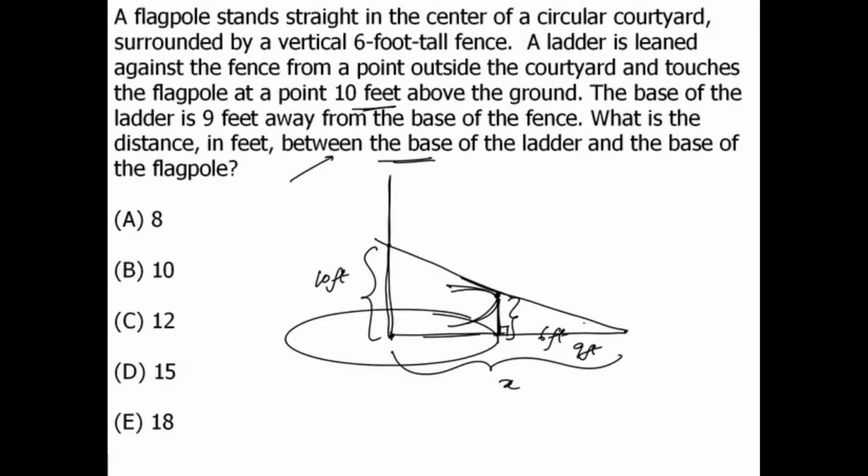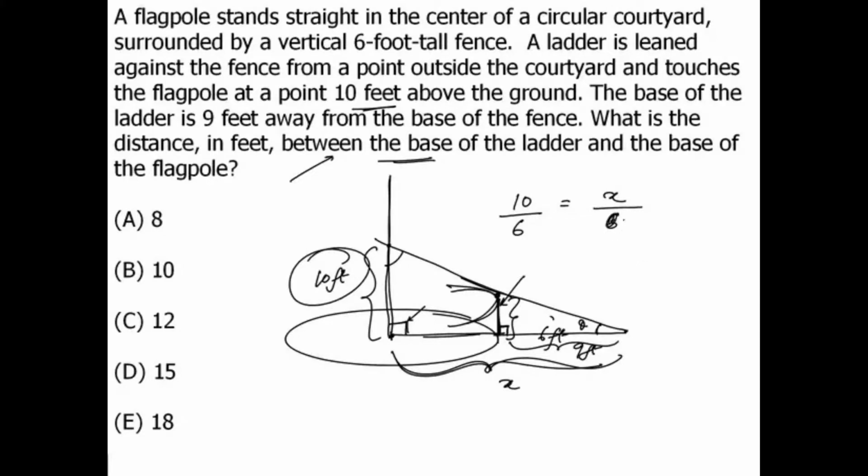Now, the key thing to note here is that these are similar triangles. You'll see both of these are 90 degrees. They share that as the common angle, whatever that is. And then this third angle would also be equal in a right triangle. So the ratio of the corresponding sides are the same. So that means that ratio of this, which is the height of this larger triangle, to the height of the smaller triangle, 10 to 6, must be the same as that of the base of the larger triangle to that of the smaller.